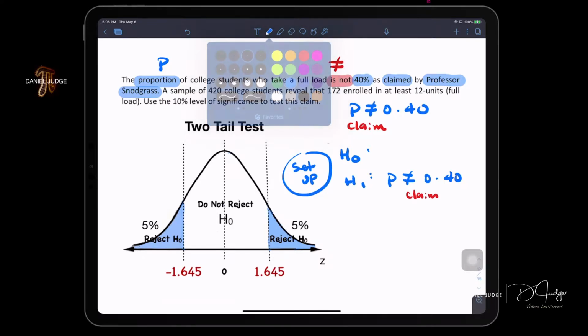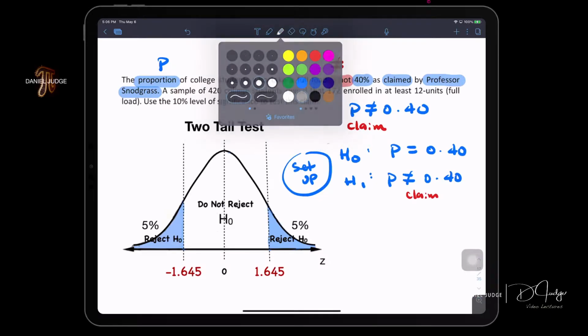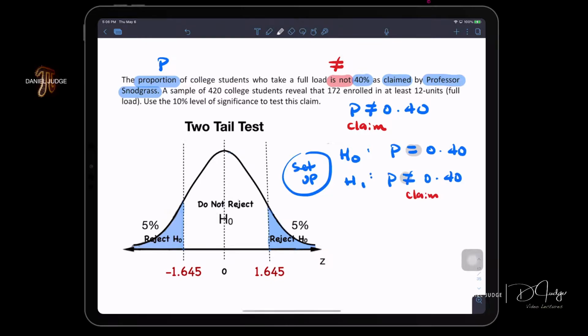So the opposite statement to that is that the proportion actually is 40%. So these two statements always need to be the logical opposites. So you have not equal and you have equal.